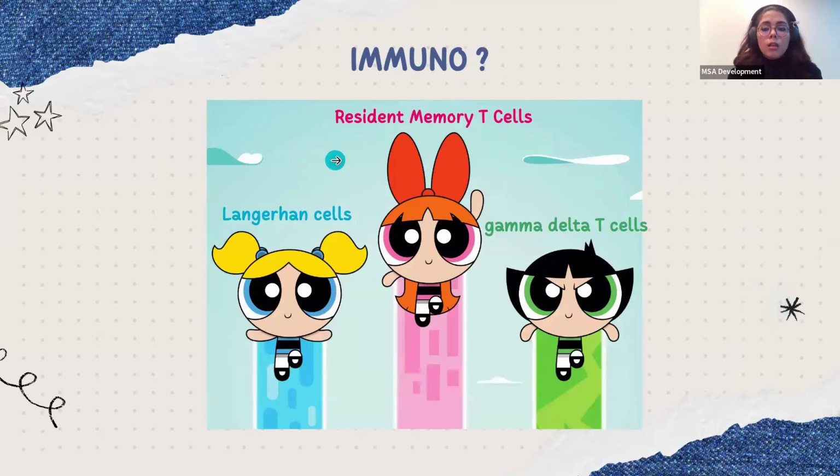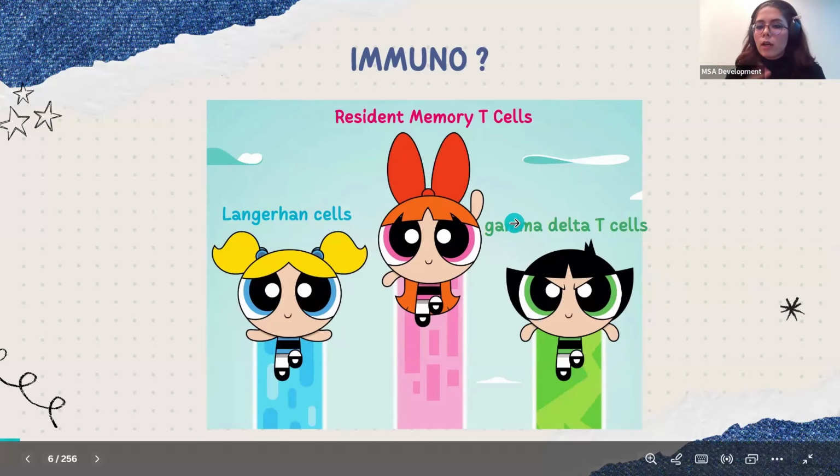This is the whole bulk of immuno. It's three main cells. The best way I can explain this is with the Powerpuff Girls. If you have another mnemonic you would like to use, Avengers or something, go for it. You have Langerhans cells, resident memory T cells, and gamma delta T cells.